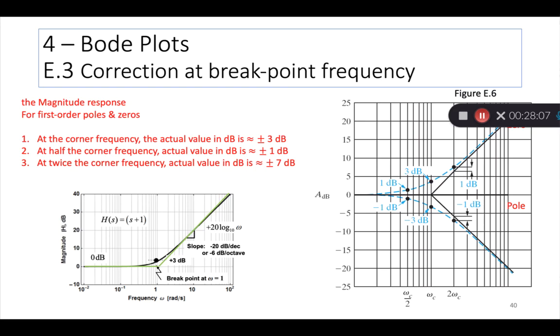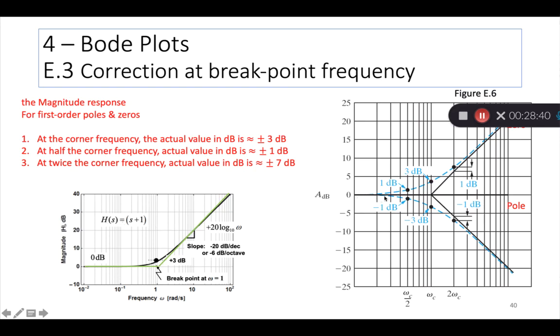I've copied most of this from the textbook, so you can see this. It's in section E.3 of the chapter. For the magnitude response, again for first order poles and zeros, number one rule: at the corner frequency, the actual value is plus or minus 3 dB. While we say it stays at 0, that's the straight line approximation, or the green line here in my previous example.